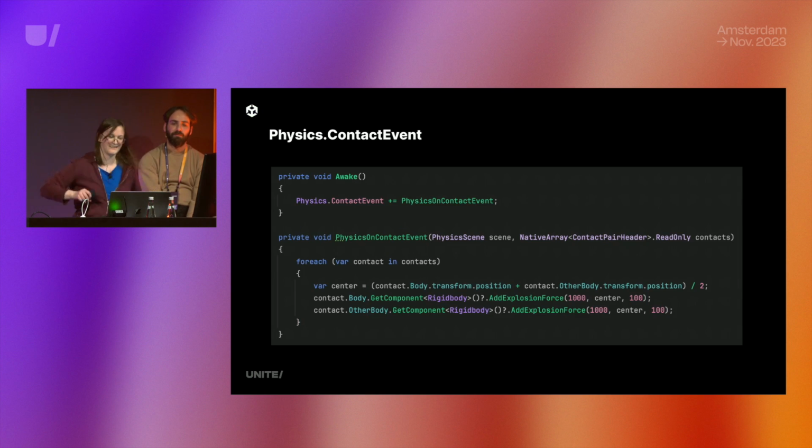All right. So, rather than making use of OnCollisionEnter, Exit, and Stay on individual MonoBehaviours, you can instead use the PhysX contact event API to process contact pairs in parallel using jobs. In order to use this feature effectively, you will need to turn off invoke collision callbacks in your project settings, very important, under the PhysX category.